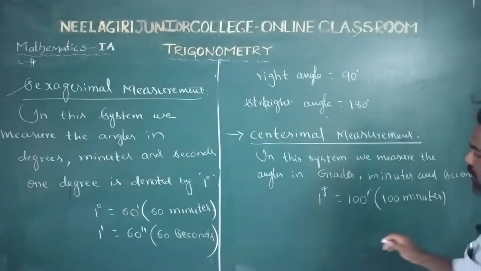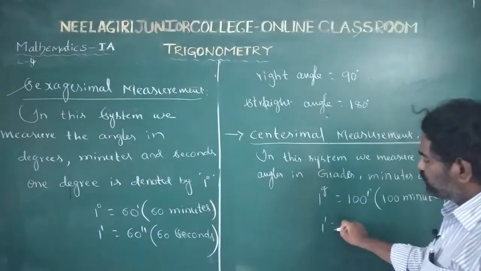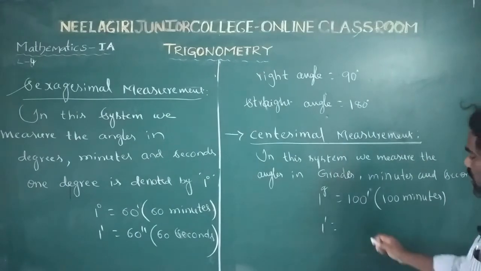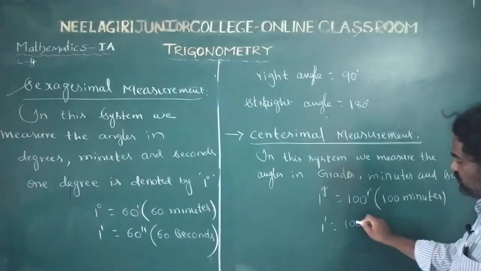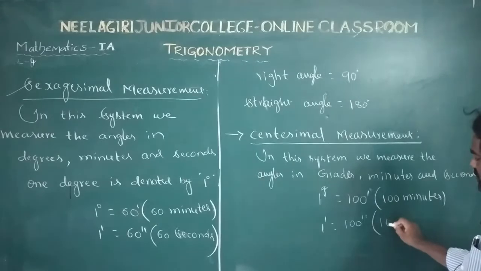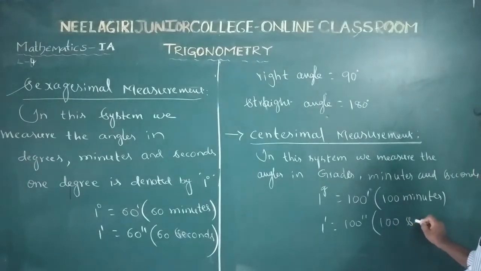Here 1 minute equals, in this system, 100 seconds. This is the French system. This is not our system.